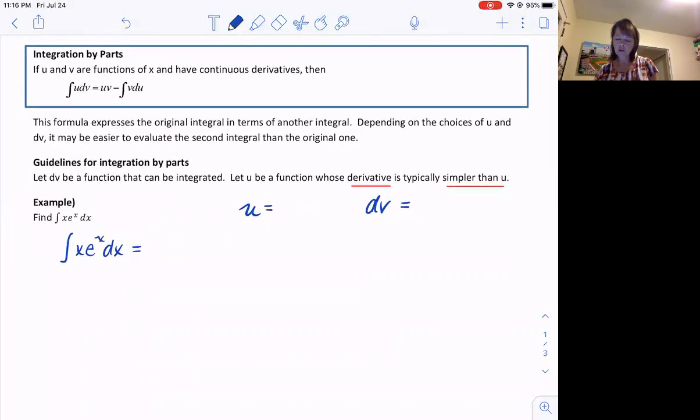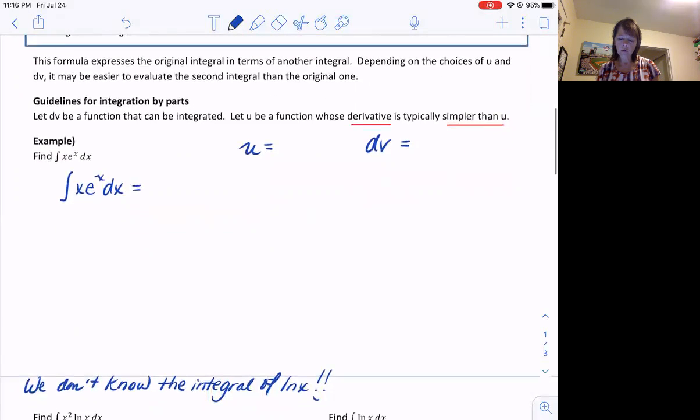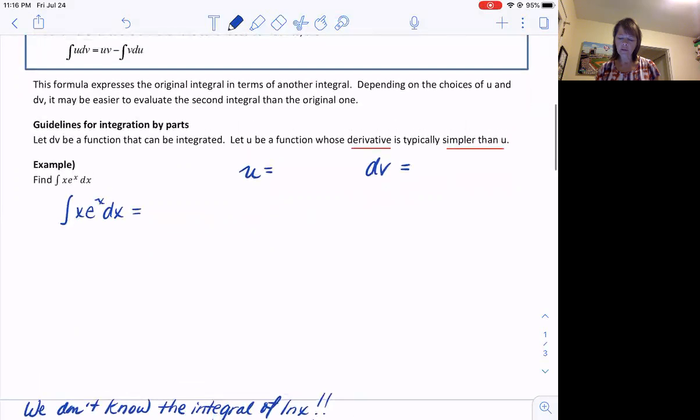If u and v are functions of x and have continuous derivatives, then the integral of u dv is equal to uv minus the integral of v du. So the formula expresses the original integral in terms of another integral. Depending on the choices of u and dv, it'll help you to be successful to integrate.